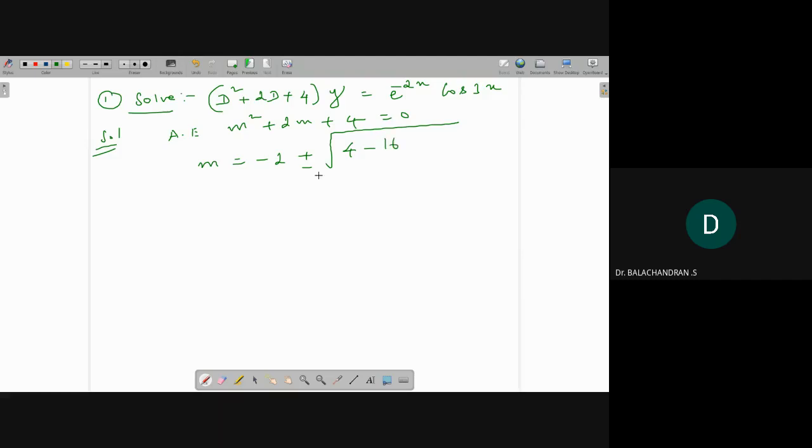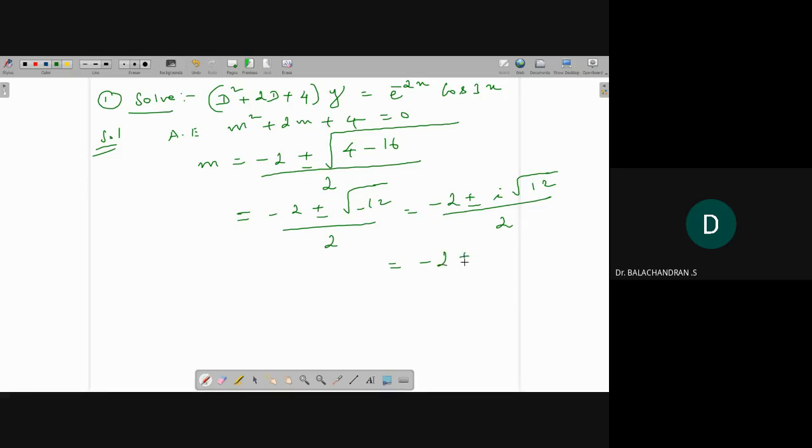So m = (-2 ± root of (4 - 16)) by 2, which is (-2 ± root of -12) by 2. Root of -12 is i root 12, and root 12 you can write as root of 4 into 3.